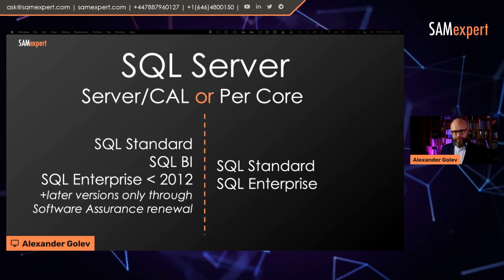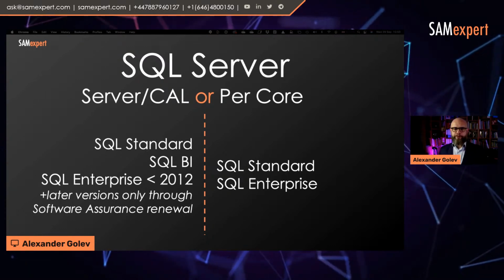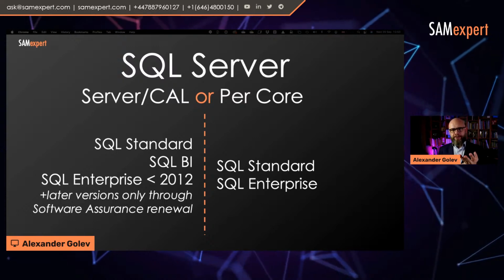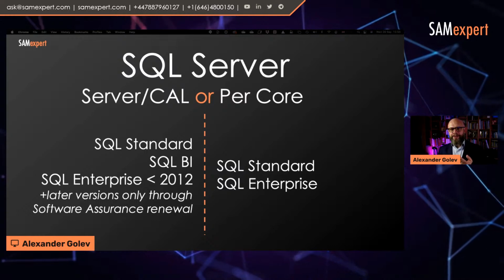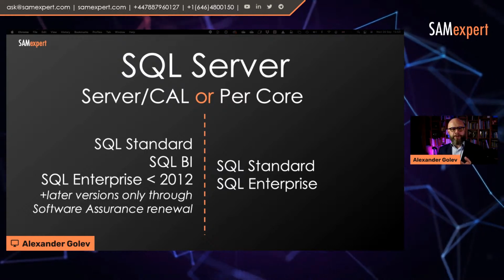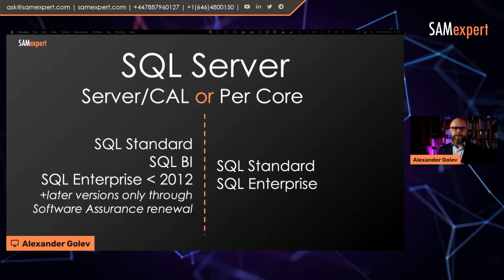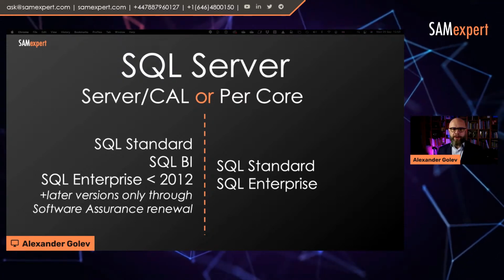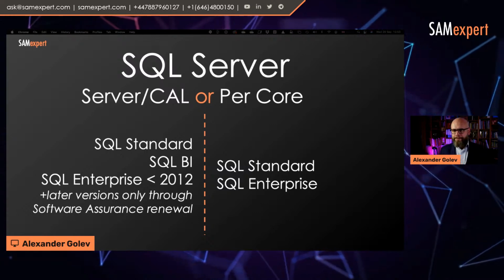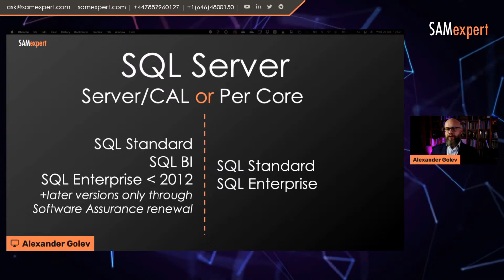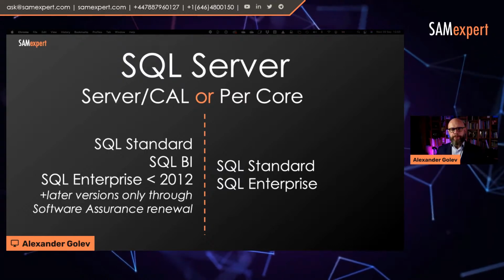In the server CAL model, you have the following choices of editions. So SQL Server Standard, current and previous versions. SQL BI was discontinued, I think, in 2014 or 2016. But you may still have the licenses, and they were with SQL Server BI client access licenses. And SQL Server Enterprise versions less than 2012.